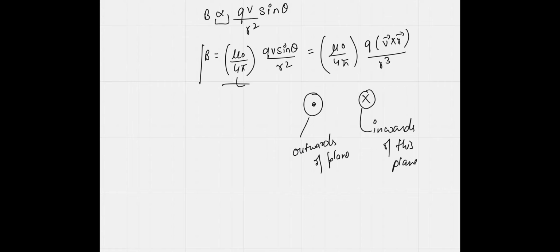So assume I have this as velocity and this as radius. Can you tell me what is the direction of this magnetic field? I don't want the value, just get me the direction.